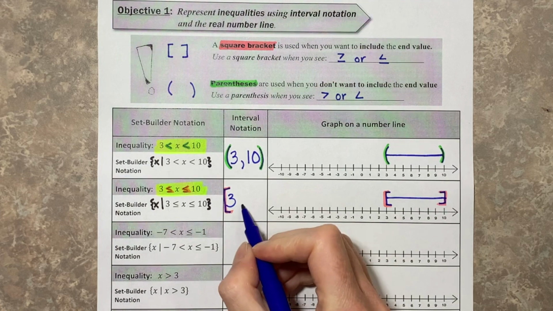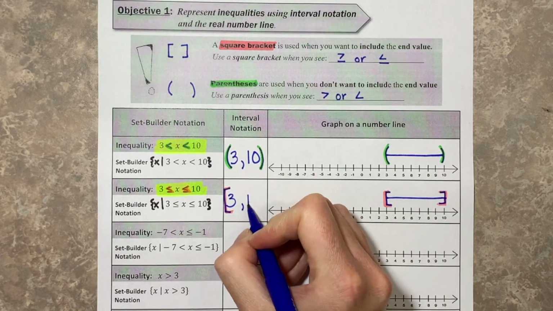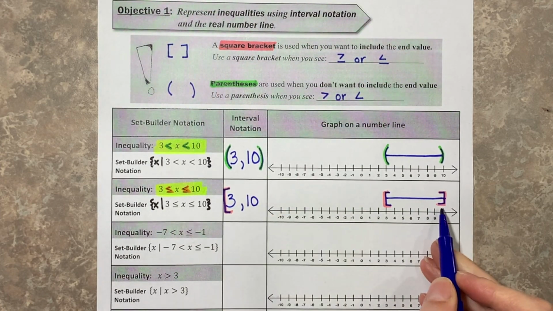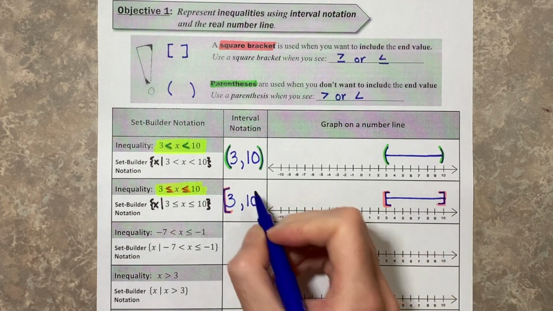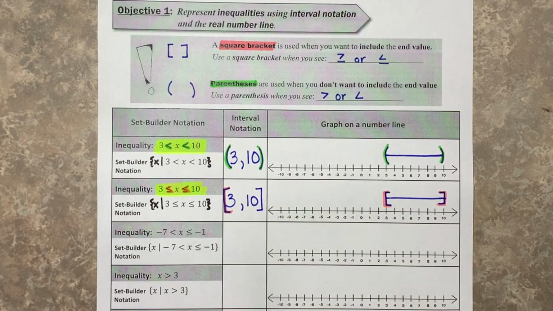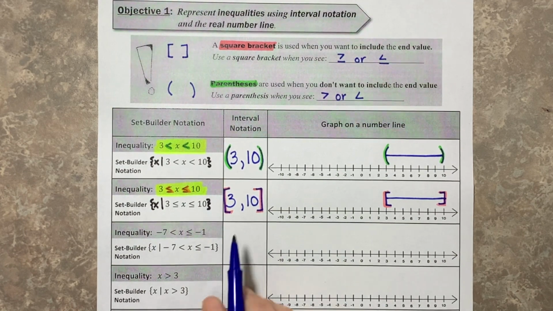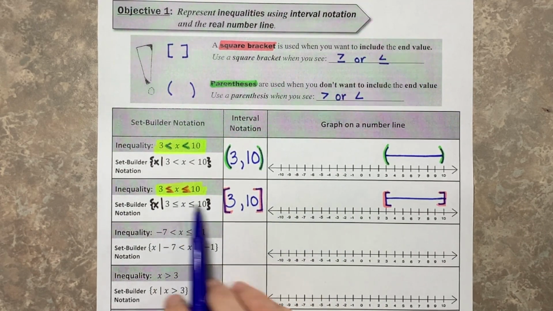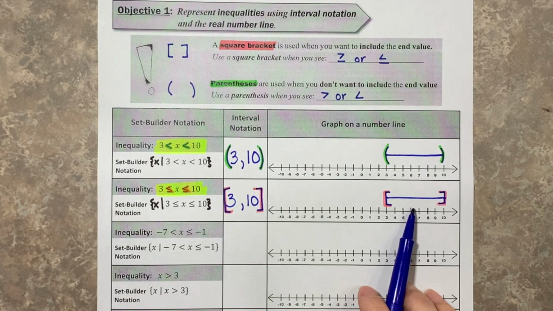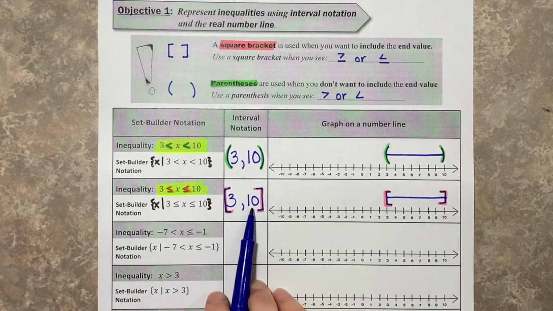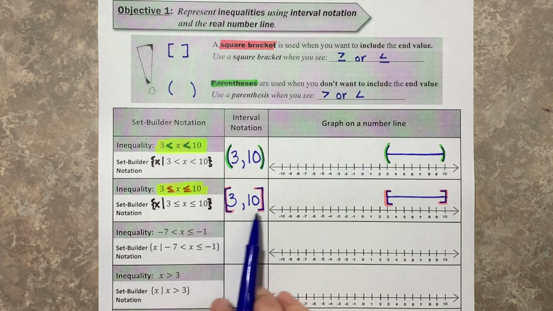Then we write a comma and list our highest endpoint, which is 10, and again, 10 is included, so just like we used a square bracket on the number line, we also want to use a square bracket for interval notation. This interval notation says the same thing that these 3 notations say. It says that our x is any number between 3 and 10, and we're including the endpoints 3 and 10.